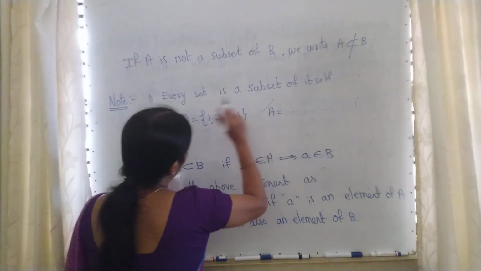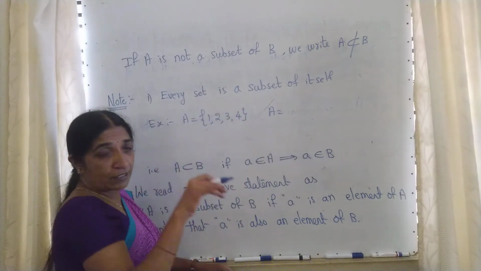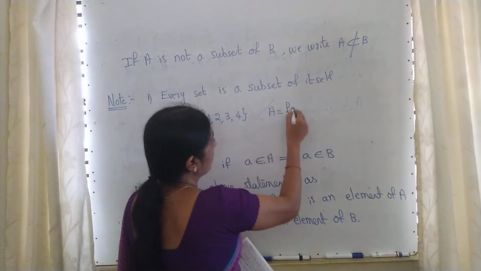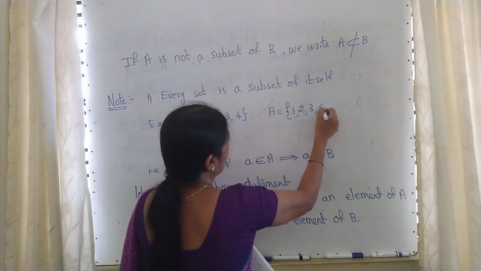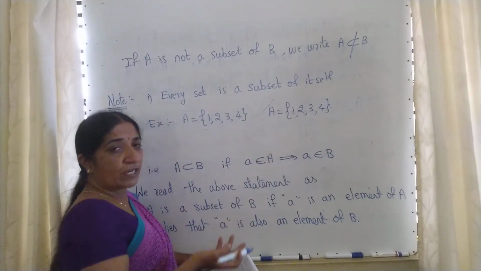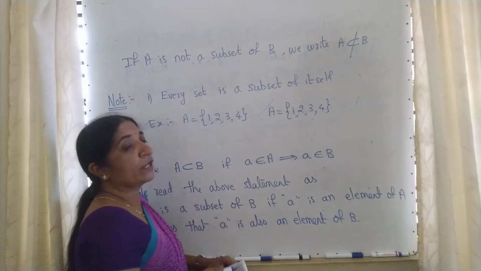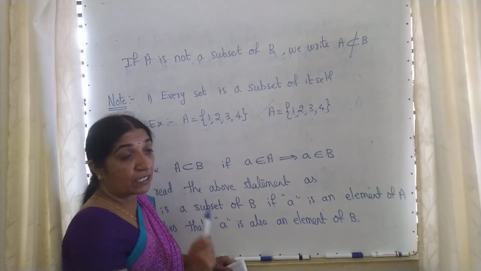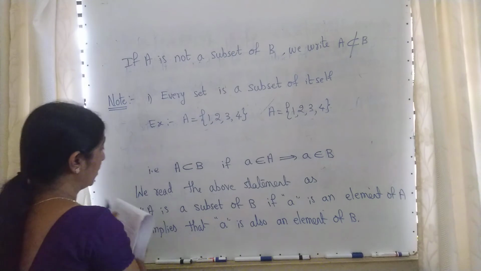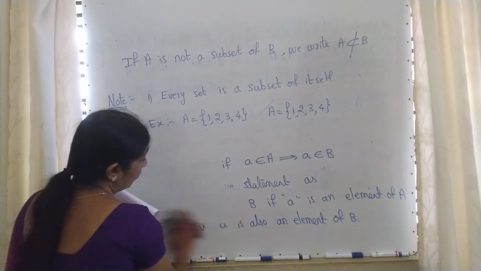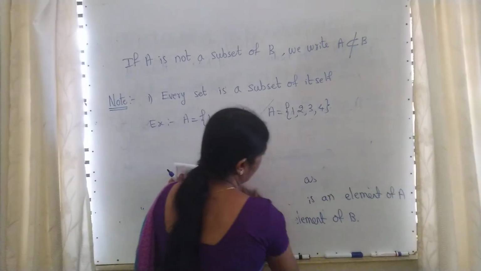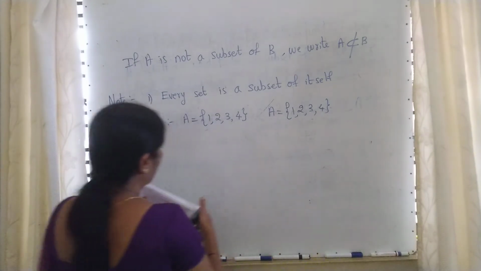Another set, every set is a subset of itself, means write the same set. Now compare: if you are writing the same set, of course all the elements are present. That's why we say every set is a subset of itself. It is a very important point in view of competitive exams. Next one.